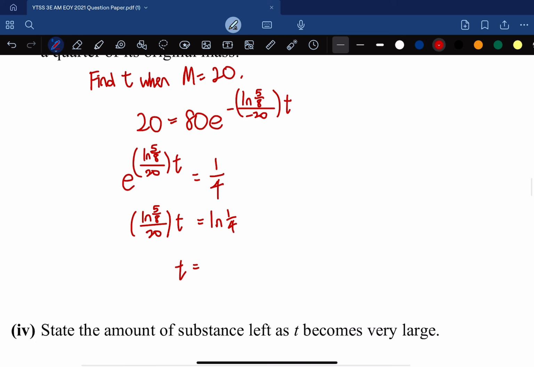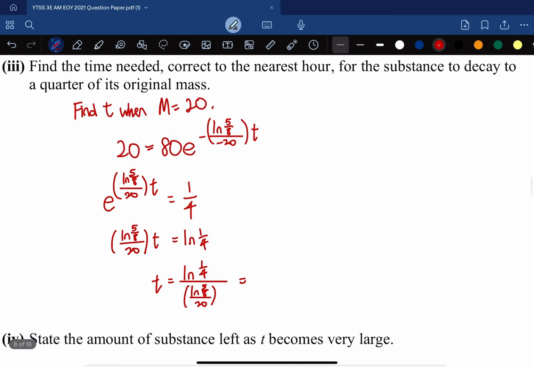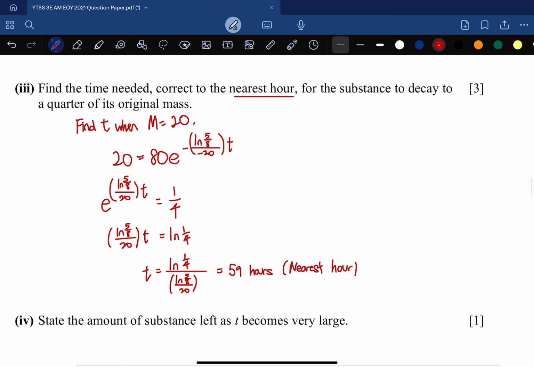Therefore, t is simply ln of 1 over 4 divided by ln of 5 over 8 over 20. Then from here, t is the number of hours, and correct to the nearest hour, I will simply get 59 hours. And this is the solution to part 3.